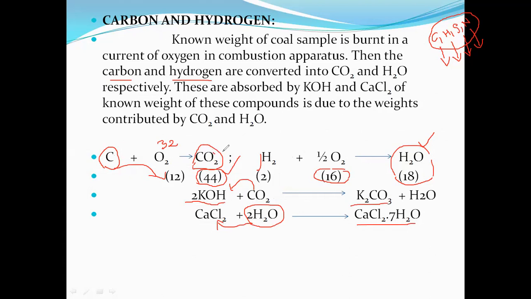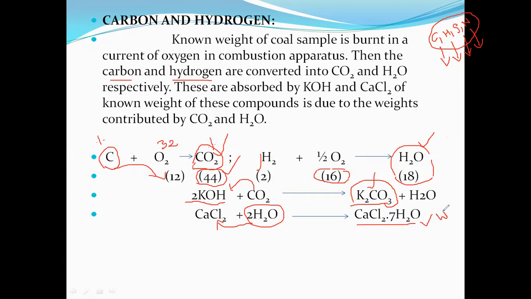Increasing the percentage of carbon dioxide increases the percentage of potassium carbonate. So based on the weight of K2CO3, we can determine the percentage of carbon dioxide and the percentage of carbon. Hydrogen gives rise to H2O, and H2O gives the hydrated calcium chloride complex.